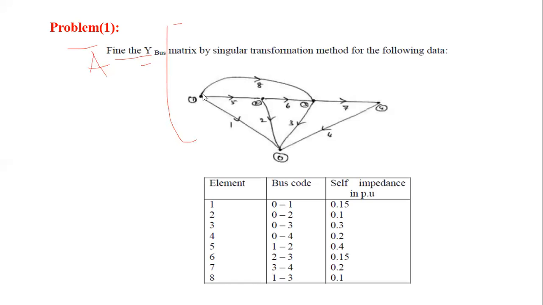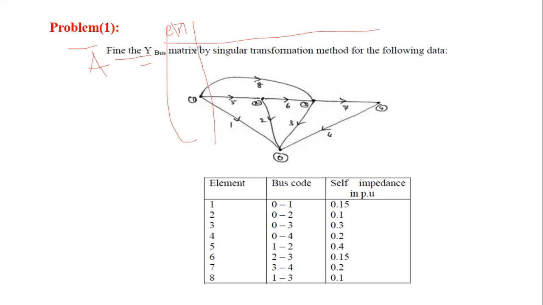What is the dimension of that matrix? That is elements by nodes. First of all, we have the elements and the nodes.